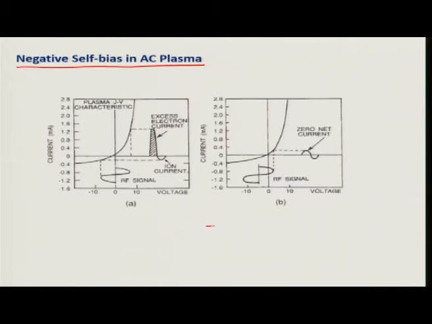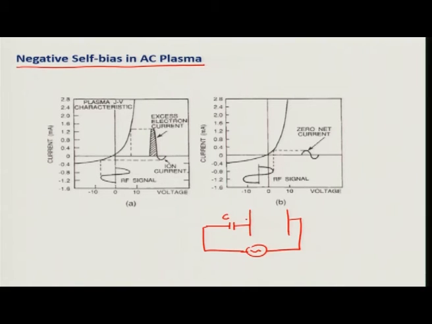So, we use a capacitor at one electrode. Using this capacitor of some value, we can define that there is no current flow from this electrode, because the capacitor is an insulator, it only allows the charge.